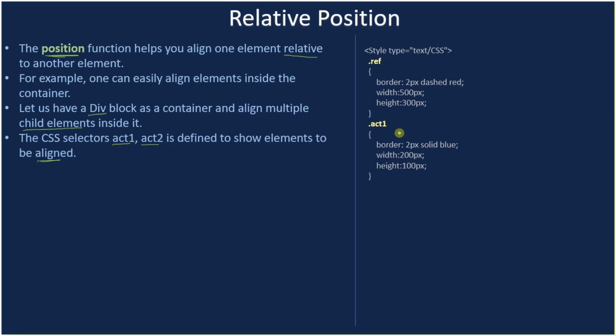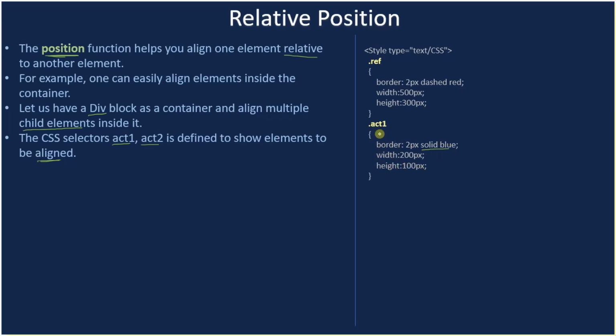For act1, the element appears in solid blue color, and we defined some width and height as well. So we just defined a specific style rule to show how we are doing the alignment. This is just to visually identify the element.